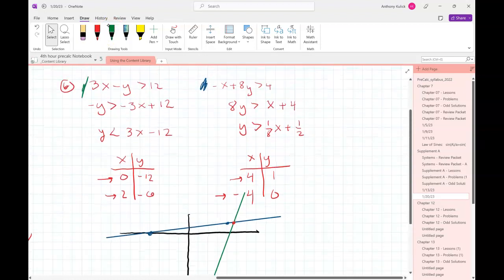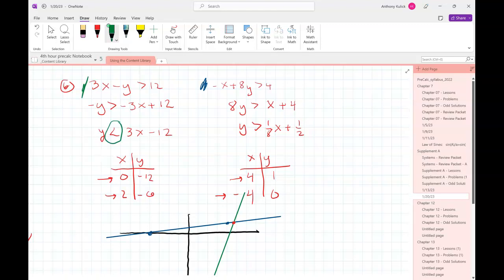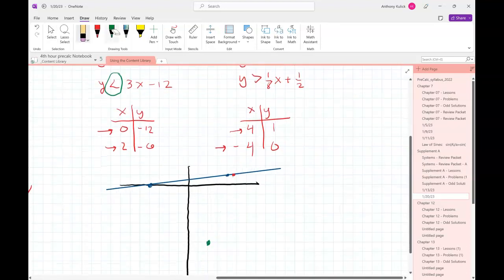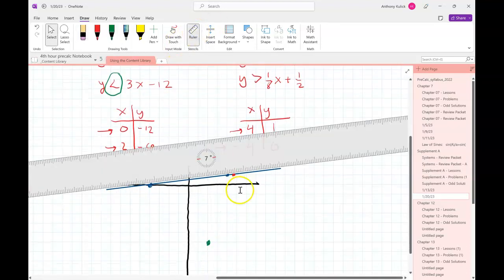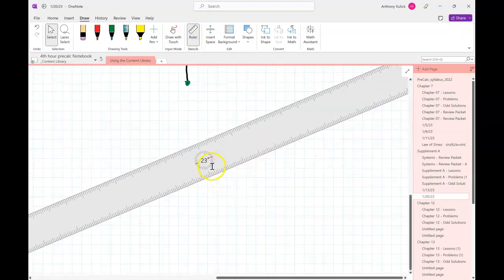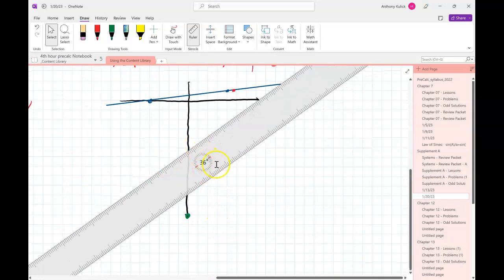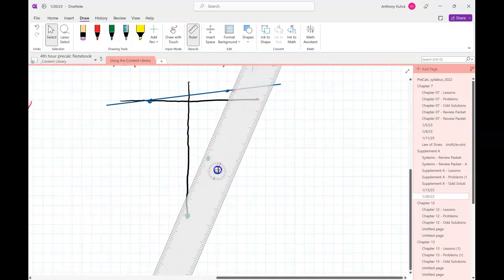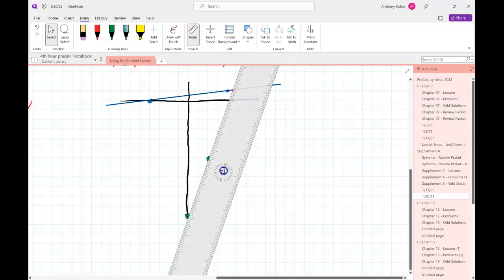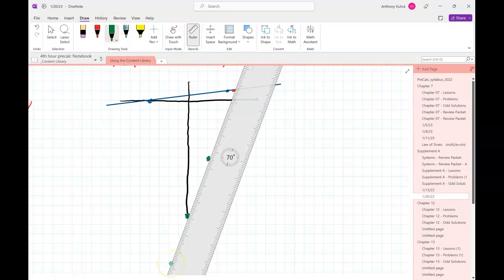These are inequalities, right? So I did this wrong. What did I do wrong? It's not the flipping. When I drew the line, it should have been dashed. Ah, Mr. Kulik. I'm upset too, guys.